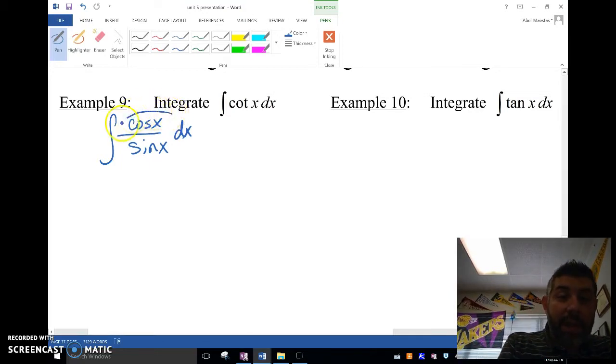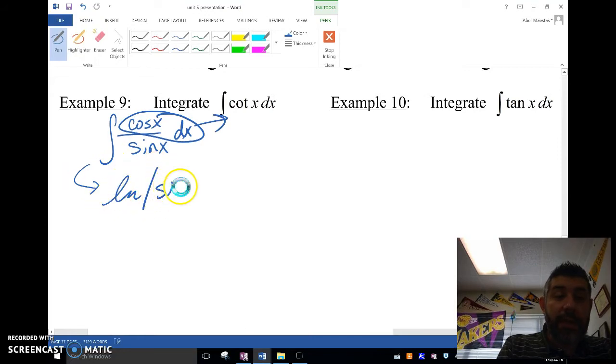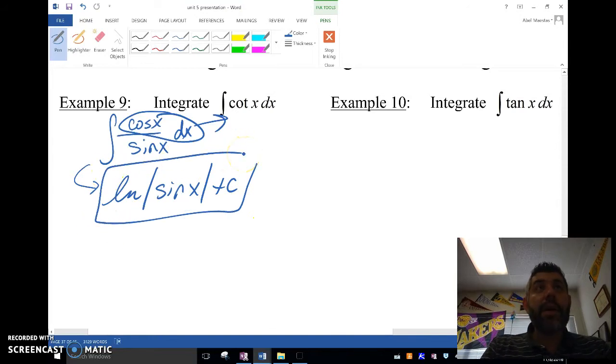So we actually have a hook on right there already. So this is going to be equal to the natural log of absolute value of sine of x plus c, and that's it. So in general, if you want to integrate cotangent x, it's equal to that.